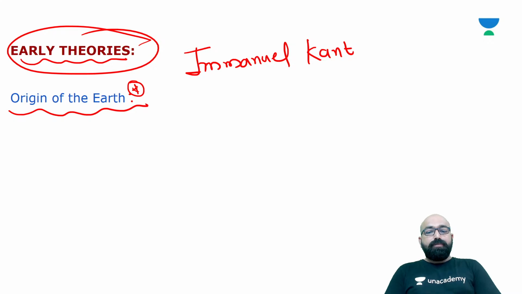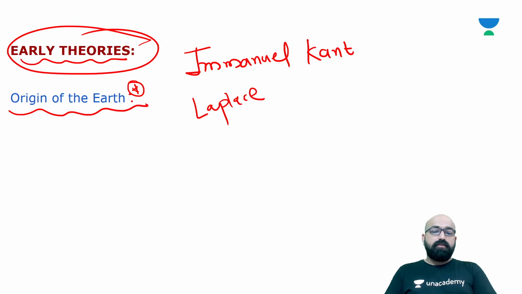Then the mathematician Laplace revised it in 1796. So basically it is known as the nebular hypothesis.